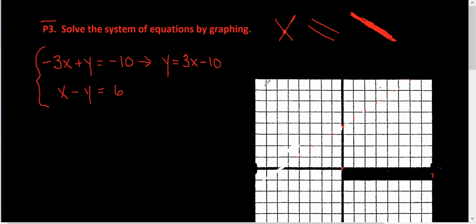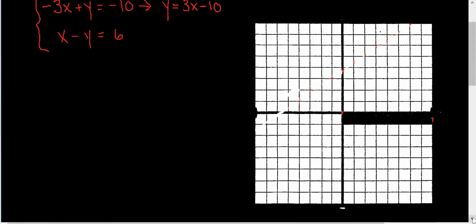My y-intercept is negative 10, so let me scroll down here a little bit, and this is going to be a little bit of a problem. So I'm going to go 1, 2, 3, 4, 5, 6, 7, 8, and I've got to guesstimate 10. 9, 10. I'll just say it's here. I'm just estimating that.